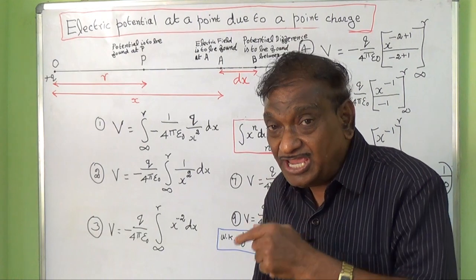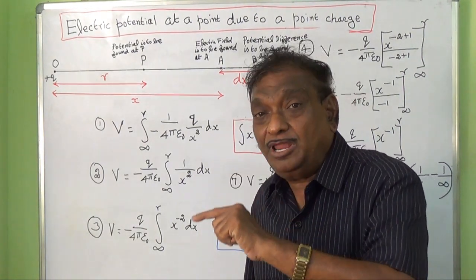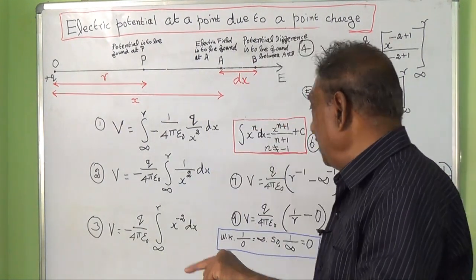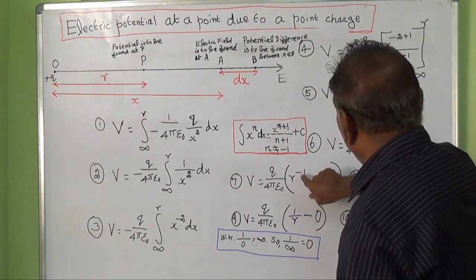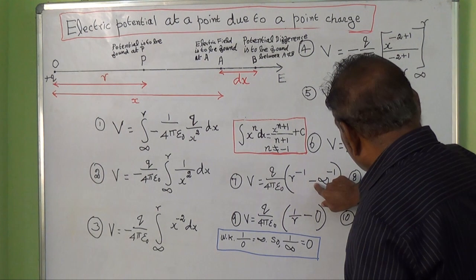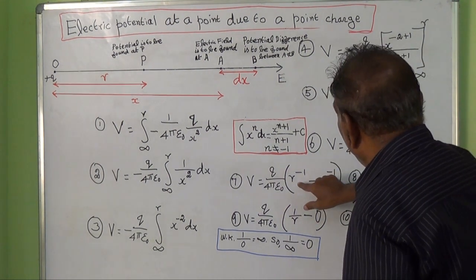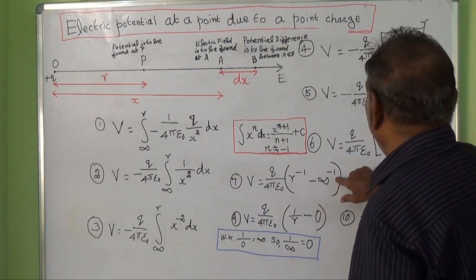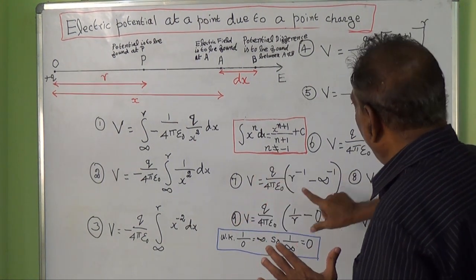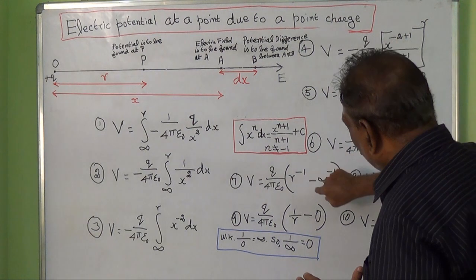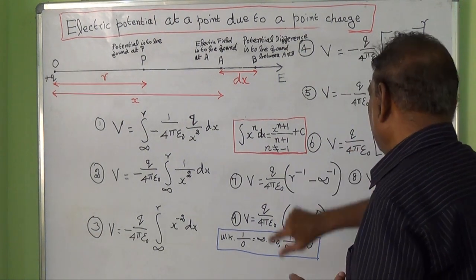So in this case, we are applying the upper limit in the place of the variable x, so that we are getting r to the power minus 1 minus the upper limit value minus the lower limit value. As I have already stated, the lower limit value should be subtracted from the upper limit value.